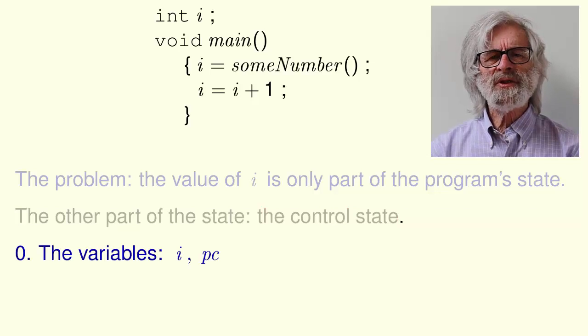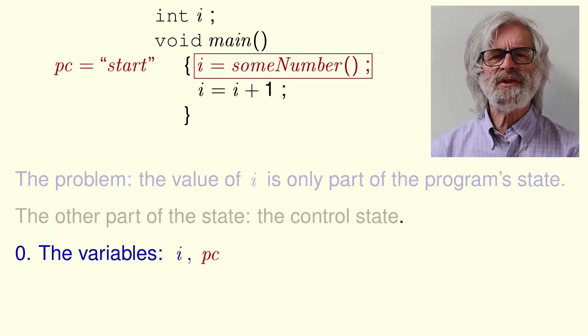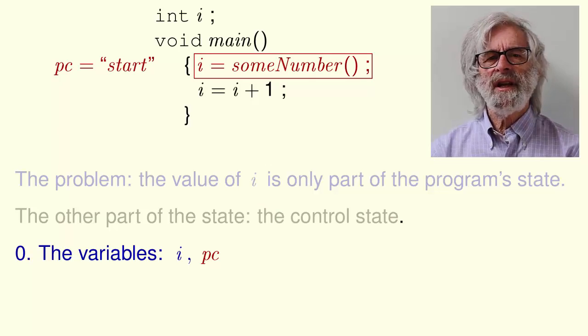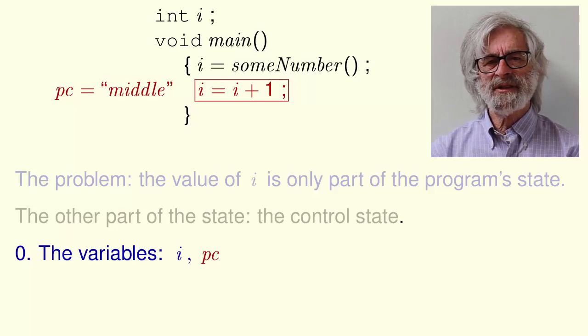So let's introduce another variable called PC for program control to represent the control state. When PC equals the string start, it means that the first assignment statement is to be executed next. PC equal to the string middle means that the second assignment statement is to be executed next.